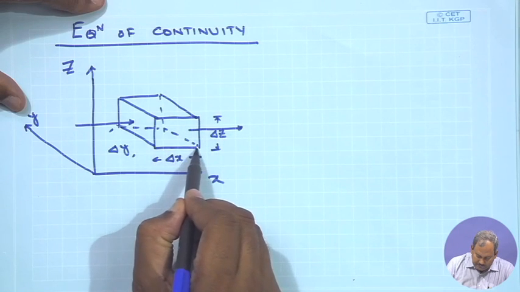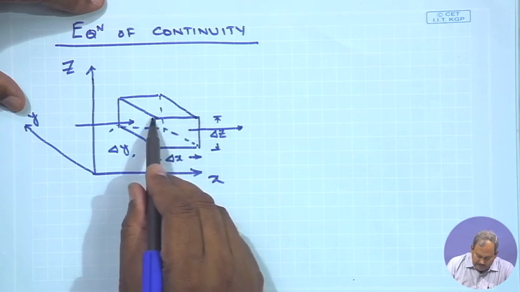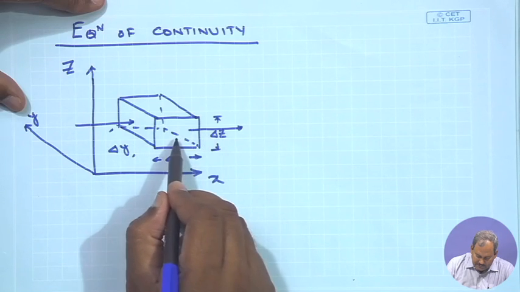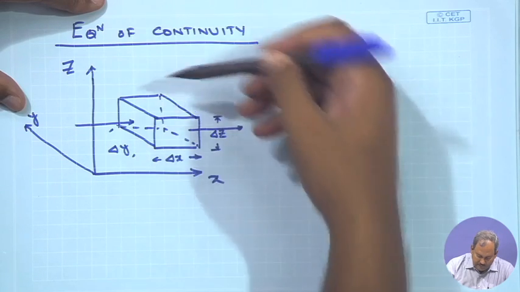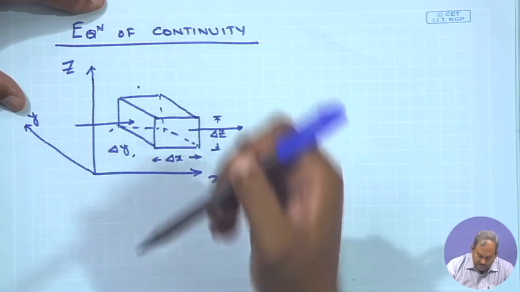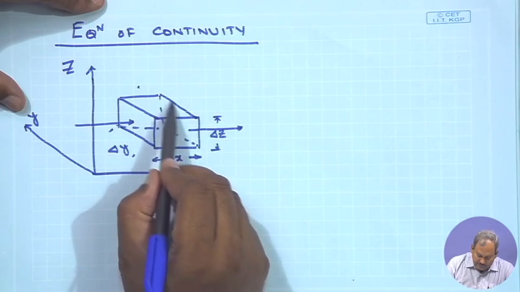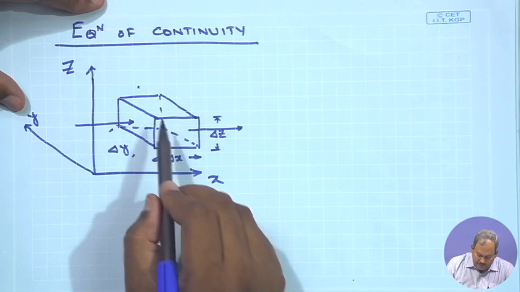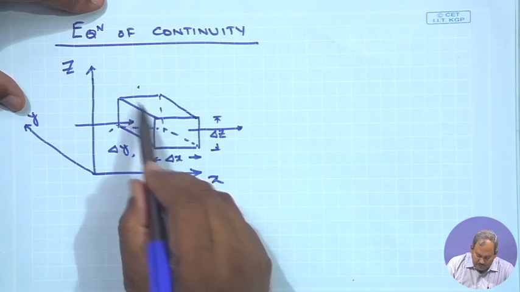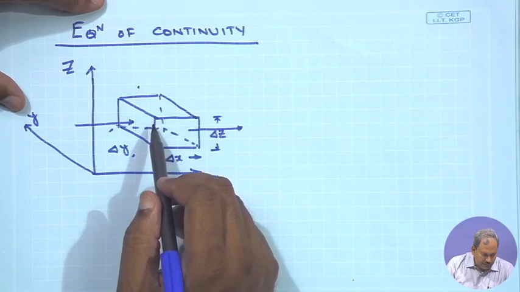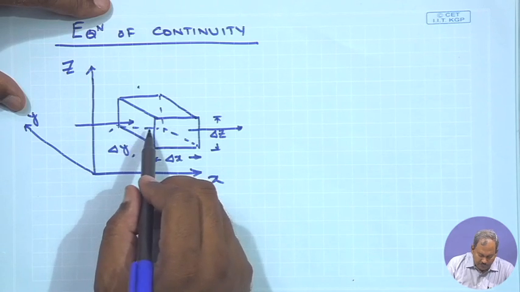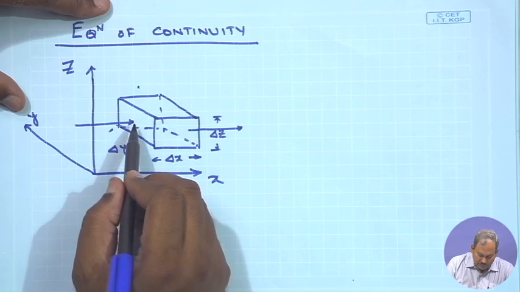Similarly, this phase whose area is del x times del z is known as the y phase, and I have a y plus delta y phase on the other side, and this is my z phase, which has area del y times del x. We are going to write the amount of mass which comes in through all these phases.